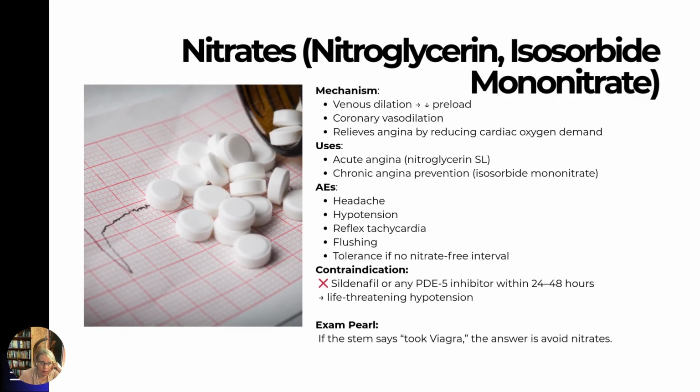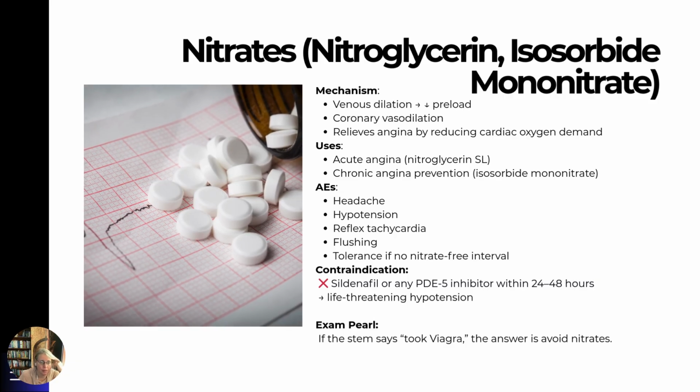All right, the nitrates. So we've gotten past the arrhythmias, and now we move into the nitrates. Obviously, this is for if there's an event, then we need to do venous dilation and lower the preload, or coronary vasodilation, so that we can relieve angina by reducing the oxygen demand on the heart. The two drugs here are nitroglycerin and isosorbide mononitrate.